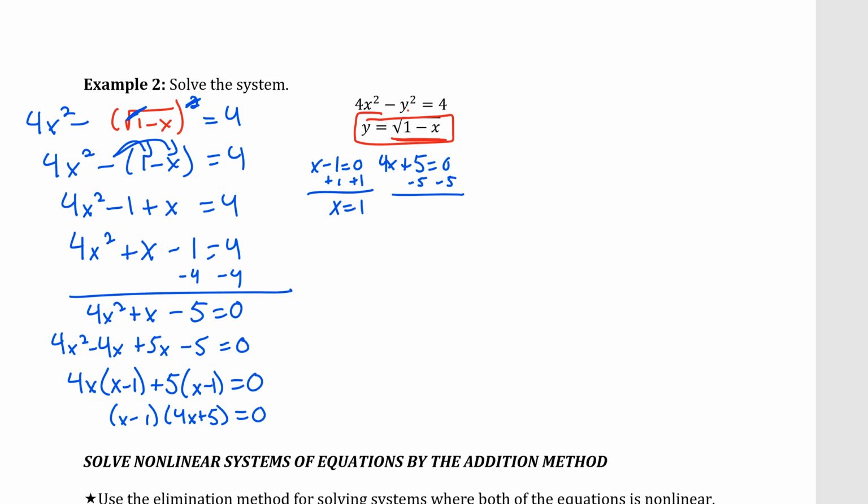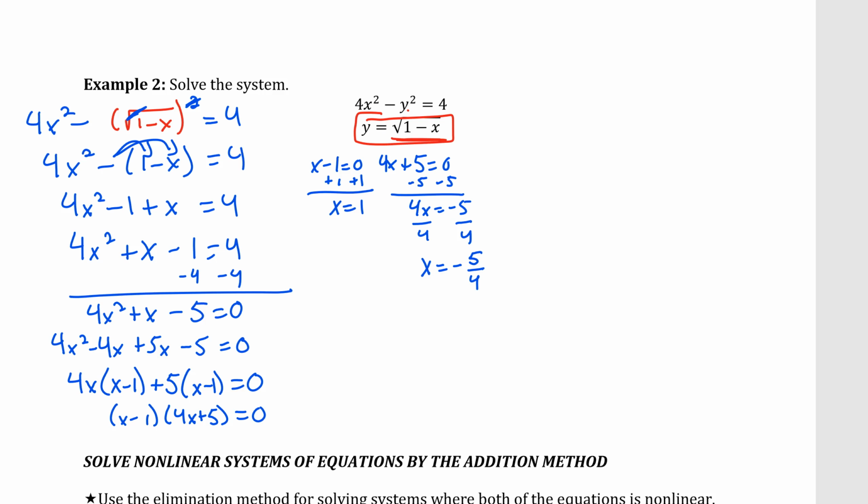Subtract 5 from both sides. 4x is equal to a negative 5. Divide by 4. We want these to be as precise as possible, so leave this in fraction form. We want the exact values, not rounded or anything of that nature. So I have an x equals 1 and an x equals negative 5/4.